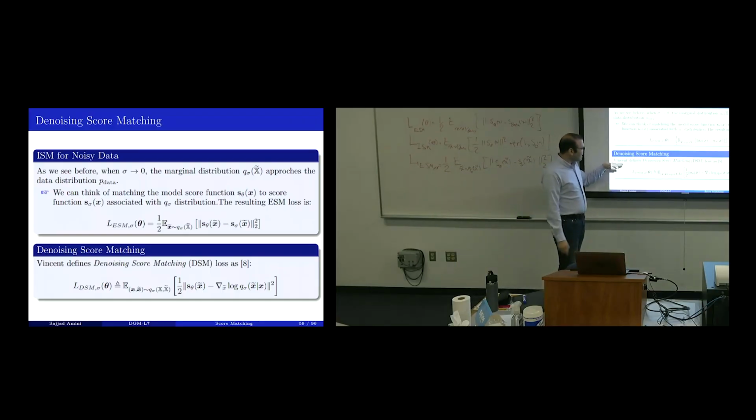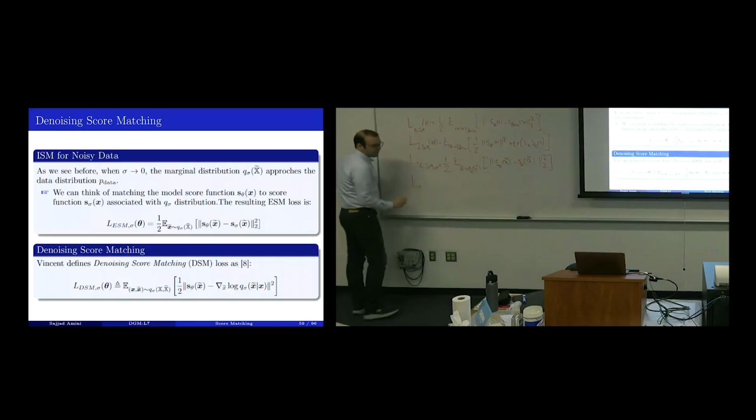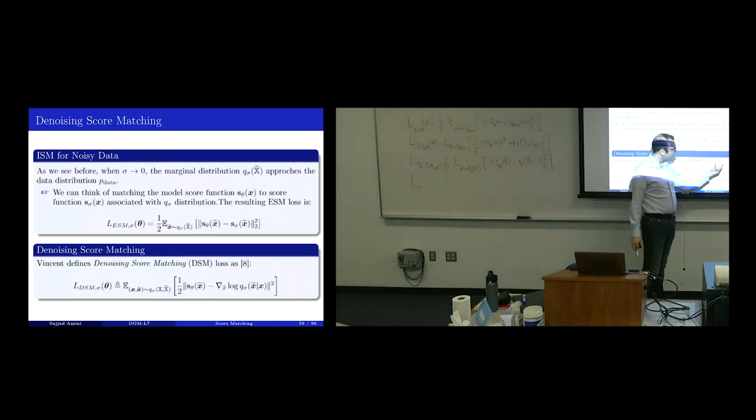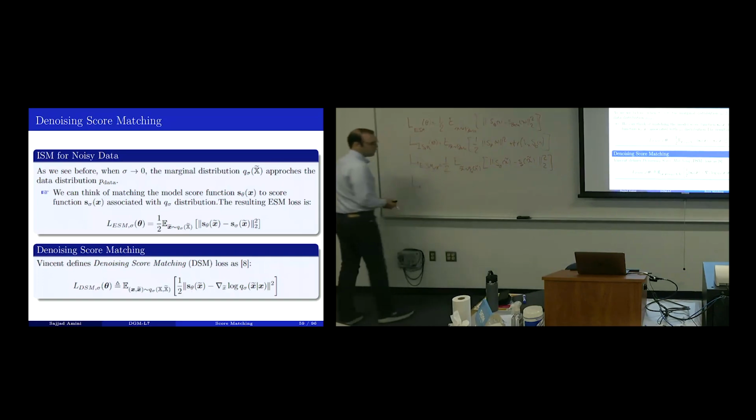But Vincent defined the denoising score matching loss as this. This paper is also a great paper. I highly recommend looking at this paper, and it is very well written in terms of mathematics.